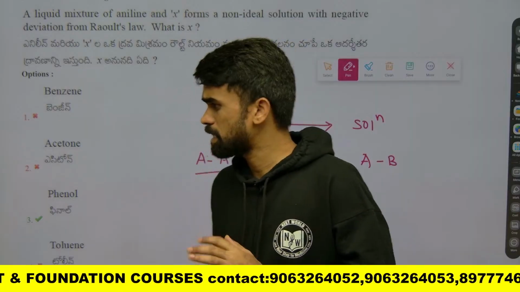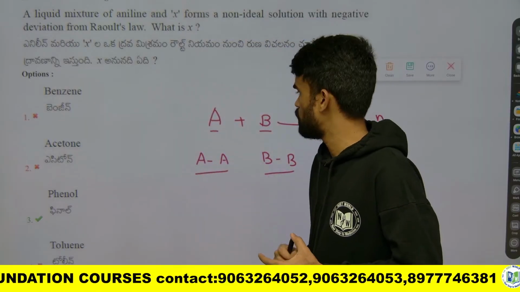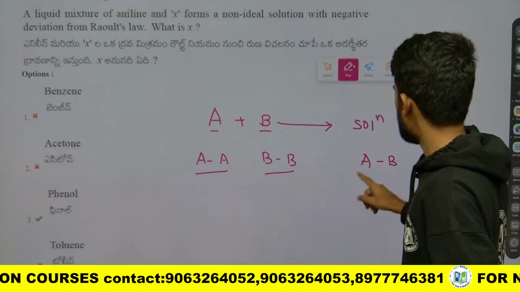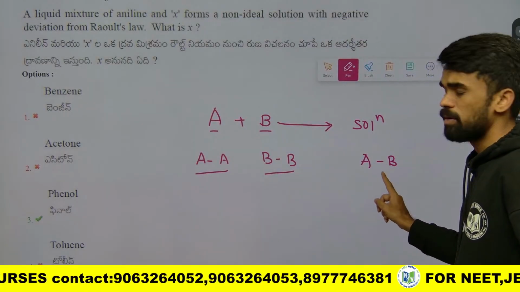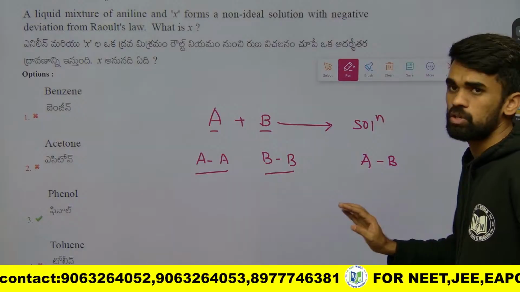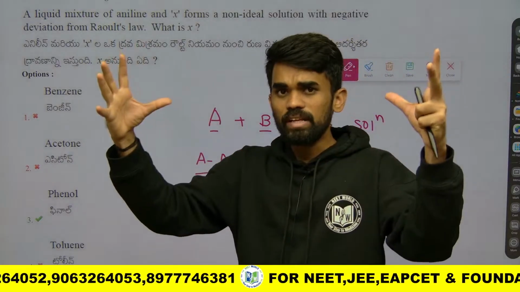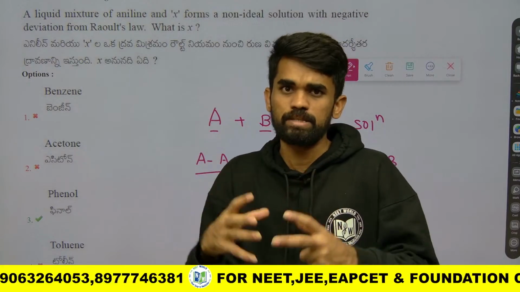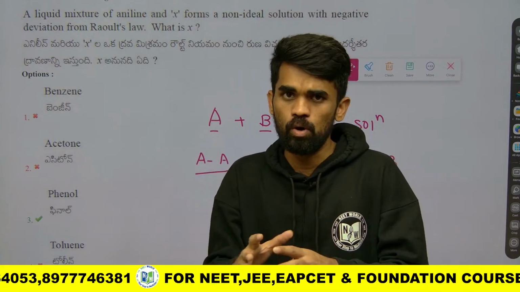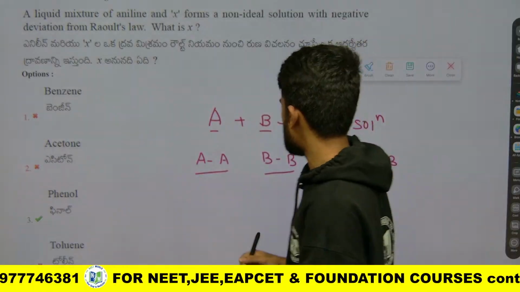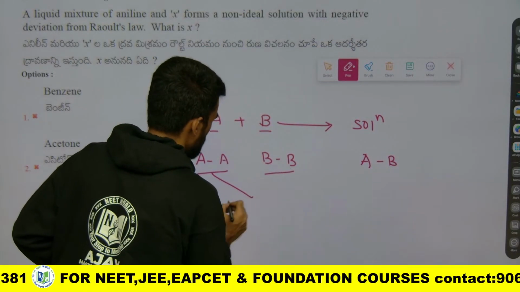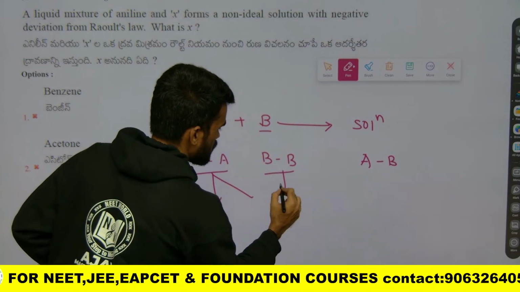Okay, hope it is clear what is this negative and positive deviation. Again, positive deviation means the interaction between A and B after forming the solution is lesser, it means they will be expanding. Let us consider they are expanding, the interaction between them is lowered. Okay, so for example, let us say this solution is taken 10 ml and this is also taken 10 ml.